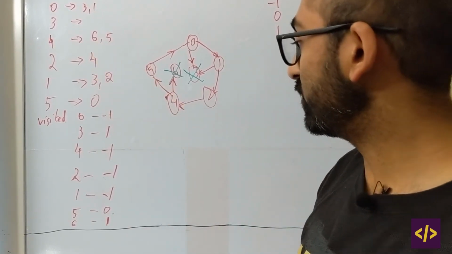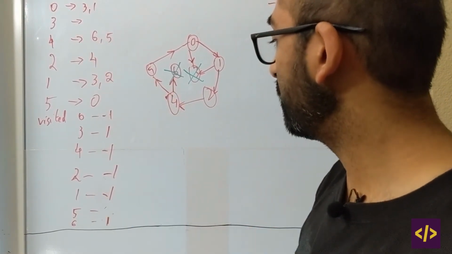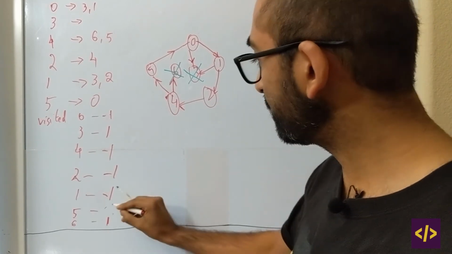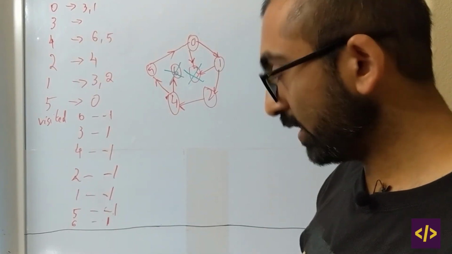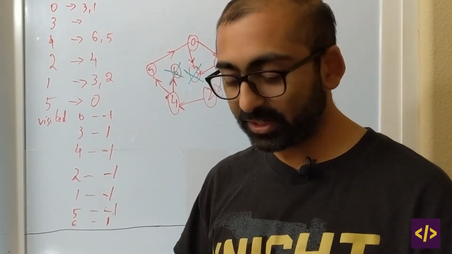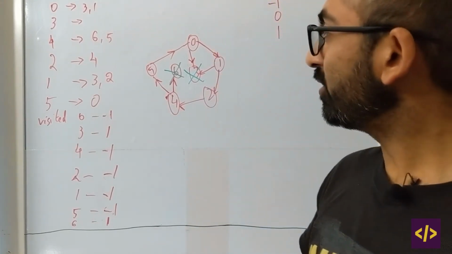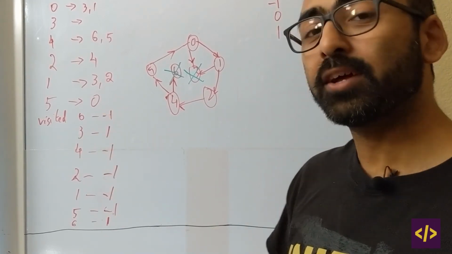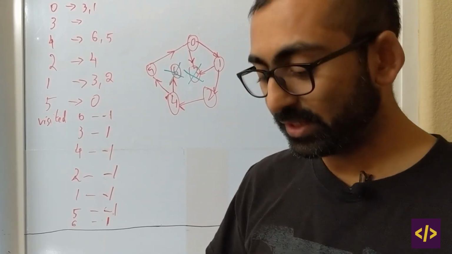And 5, when we visit it for the first time, we set -1, right? What does 5 have? 5 has 0. And what is 0's visited value right now? It's -1.